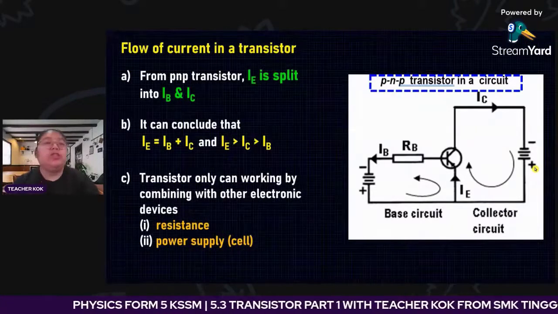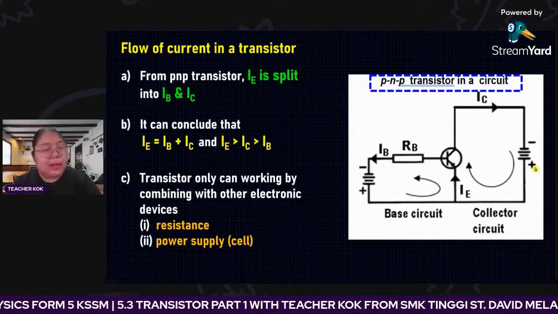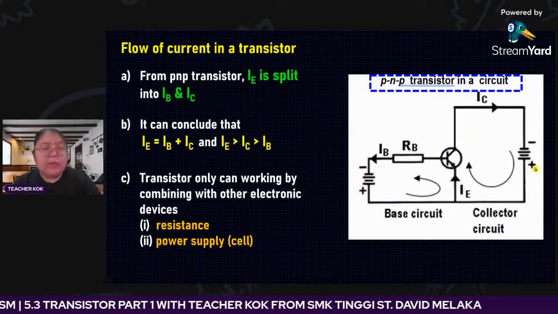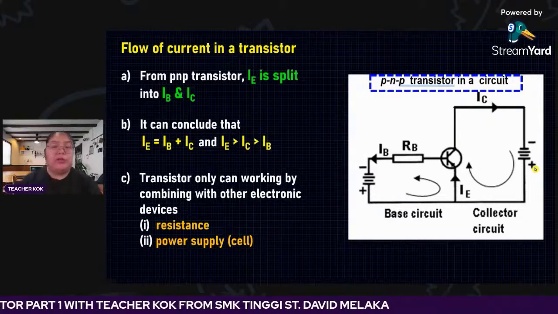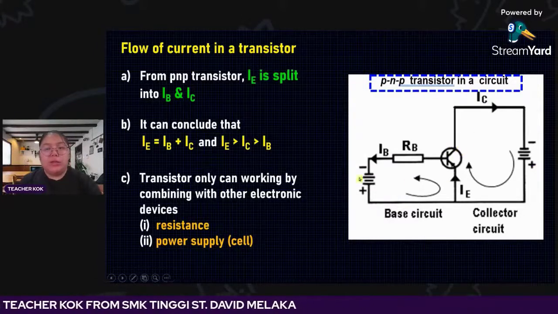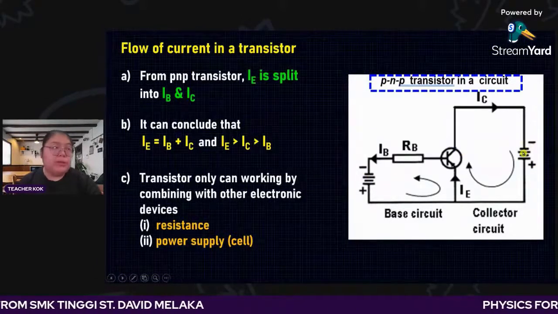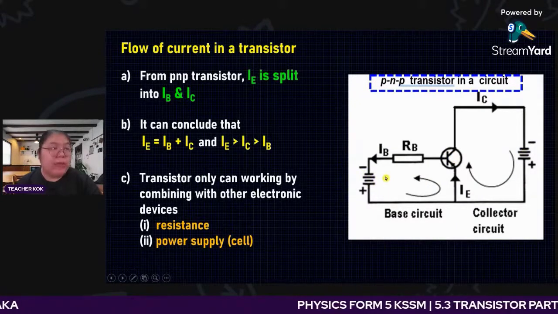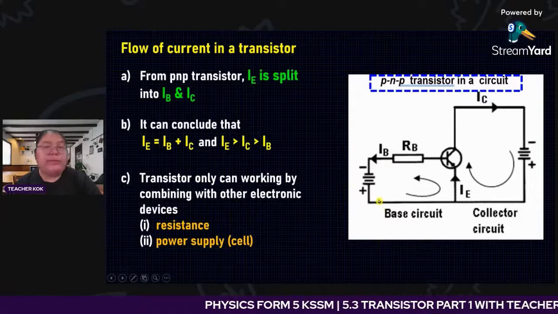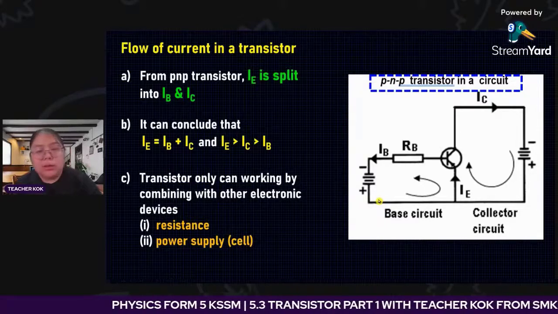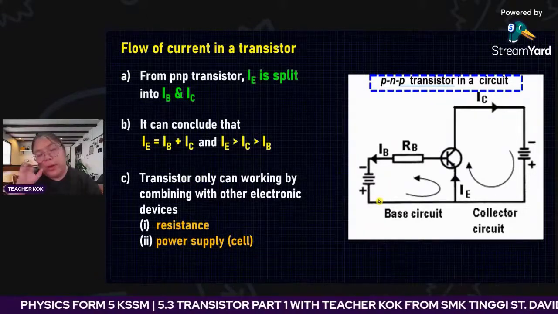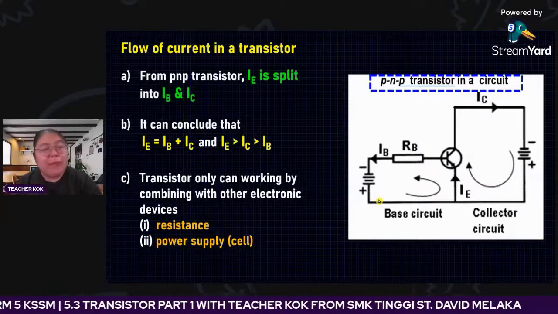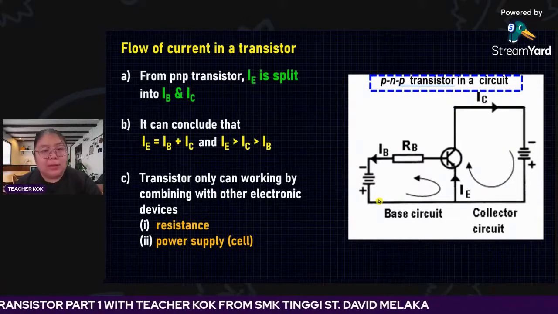This introduces how PNP and NPN join the circuit. Remember, when using PNP, your terminals must all be reversed. If you're using NPN, the top one must be positive and the bottom must be negative. This is very important, but normally for the questions, they just use NPN.